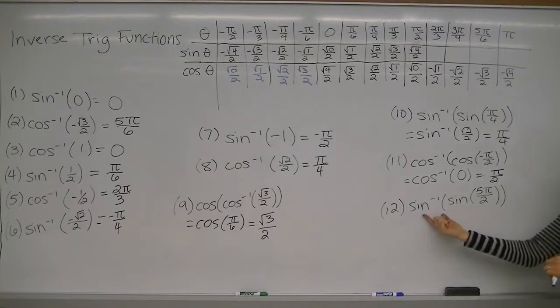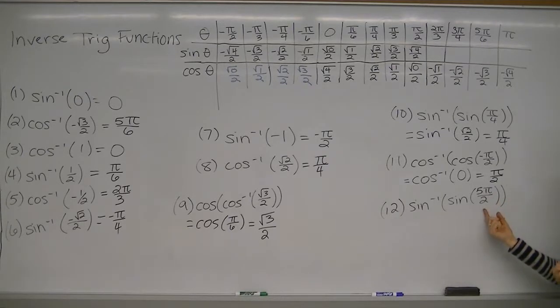So for instance, if we take sine inverse of sine of 5 pi over 2. Well, I'm not going to continue my chart out to get to 5 pi over 2 because I don't have enough space. If you want to, you can. If I kept going, I could get that value, or I can think of going back to my unit circle. So let's think about where 5 pi over 2 would be.